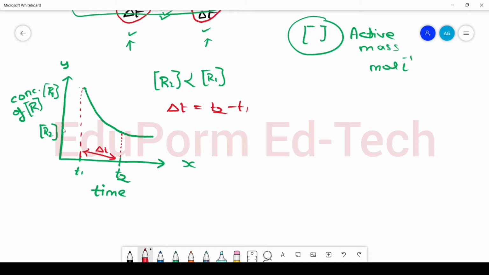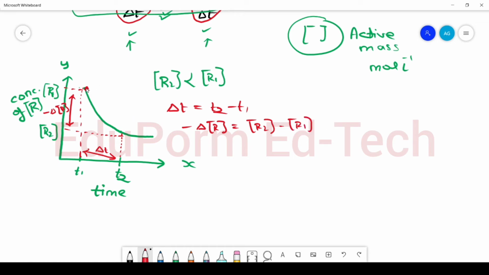And let's join these also. So this is concentration R2 and this is concentration R1, and this represents minus of delta R, where minus of delta R is equal to R2 minus R1.